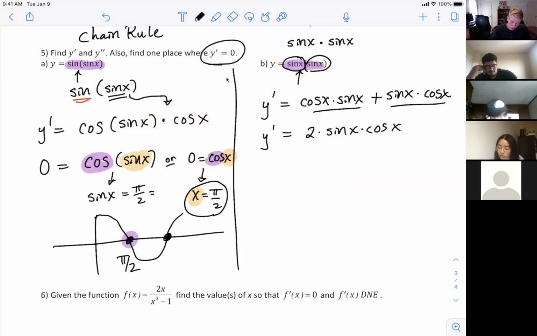And pi over 2 is approximately 1.57. And what's the very biggest that sine ever gets? One. Which means that this one would have no solution. So we would get the one solution from x equals pi over 2.